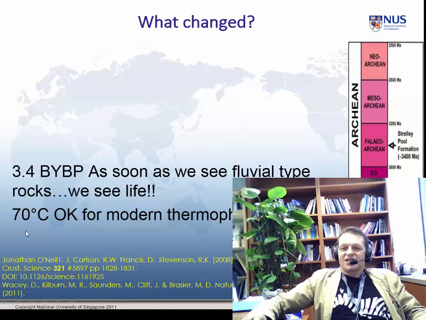Temperatures in some places still about 70, other places lower, but that's fine for modern thermophiles, modern bacteria that we see that can live in submarine volcanic plumes, for instance, are quite happy at 90 centigrade.